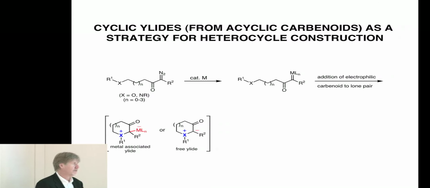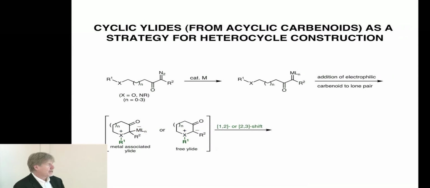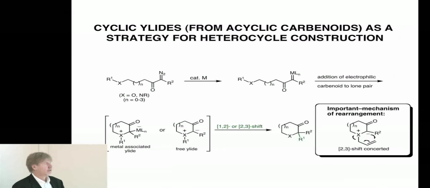Certainly this must be the first thing formed, but it may be converted to this before the final step, which is the migration of this R1 group from X, from the heteroatom, to the neighboring carbon by either a 1,2 shift or a 2,3 shift to give us this final product. So everything I've drawn before here is a short-lived intermediate. This is what we would isolate.